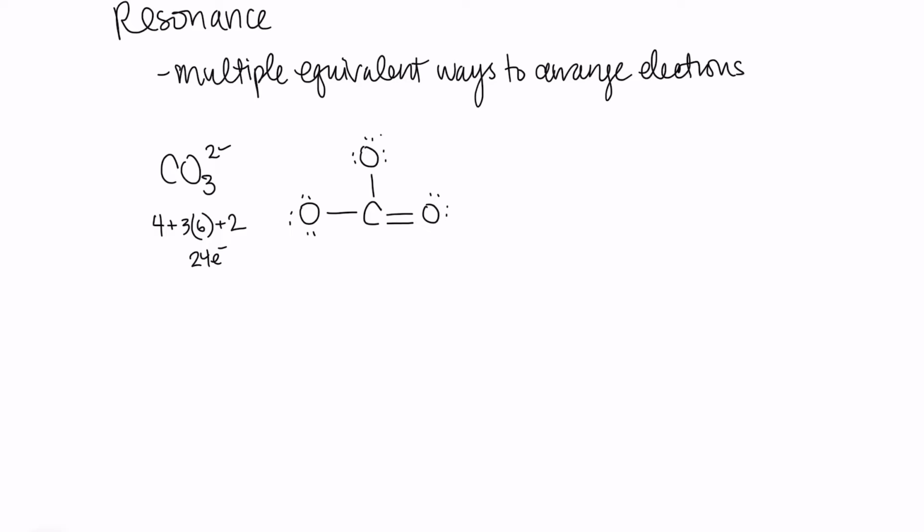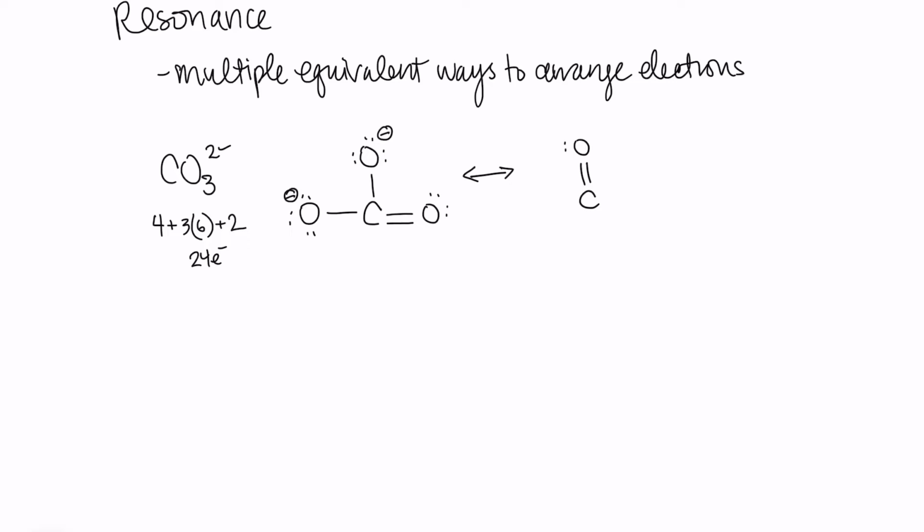And if I finish out my structure, I'll get 2 negative formal charges on the other oxygens. So that's a great Lewis structure for carbonate, but there was a moment there where I chose to put it on the right and I could have chosen the other 2 oxygens just as well. In other words, it was an equivalent choice. And when that happens, it's very important that I draw the resonance structures that would result if I just made that other choice.